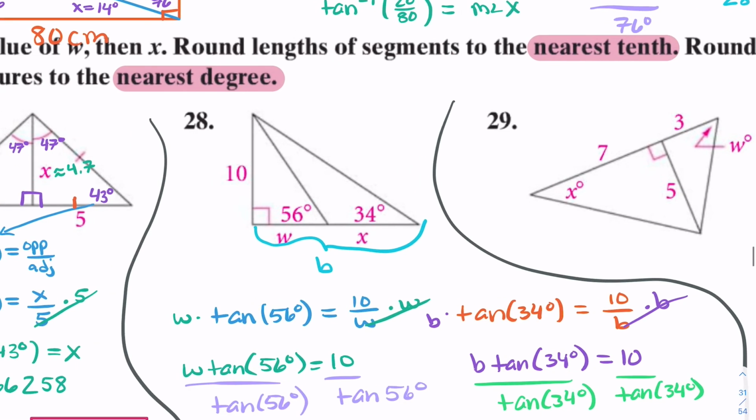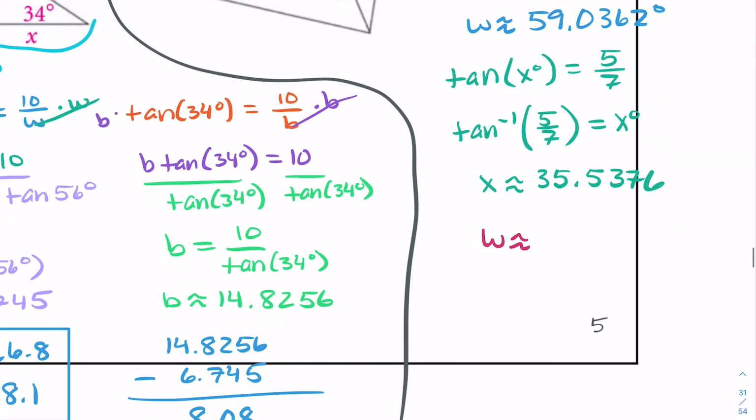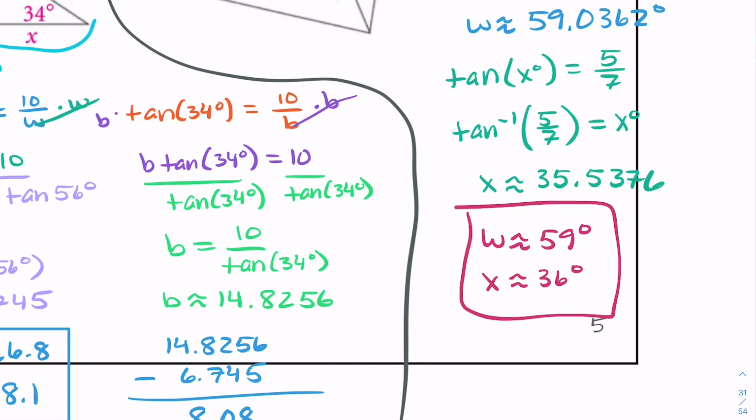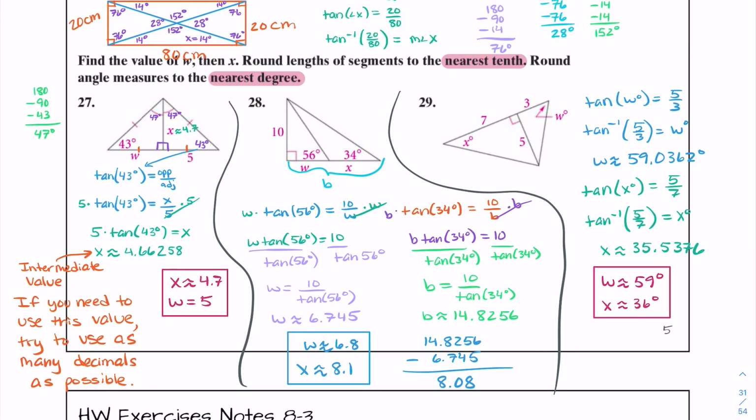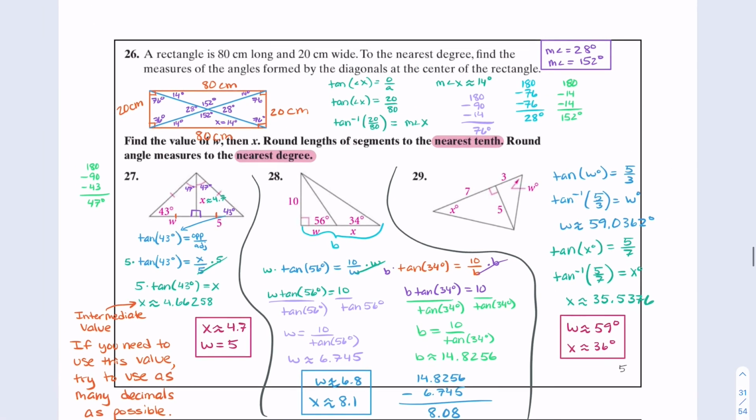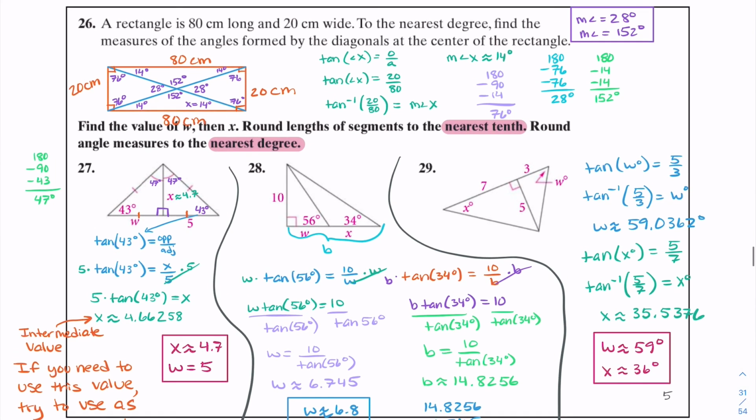It wants it to the nearest degree. So I'm going to say about 59 degrees. And X is approximately 36 degrees. That's how those round. It's extremely important to round correctly based on what the question's asking. All right, that was a long lesson, but that is it for tangent and tangent inverse. Good luck on your IXLs.